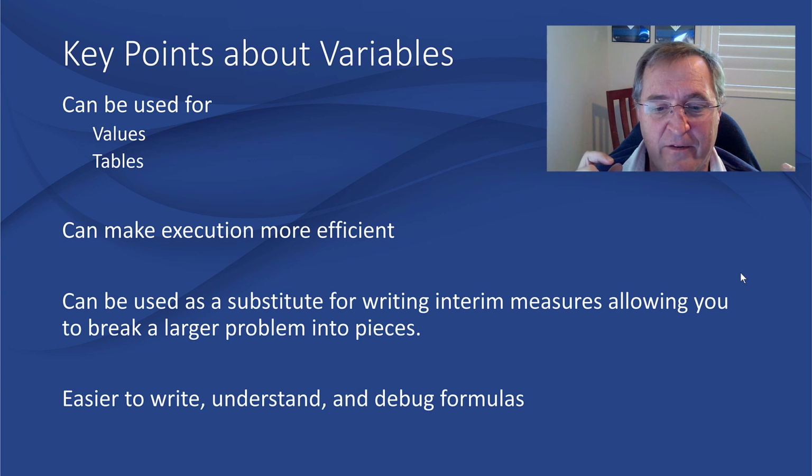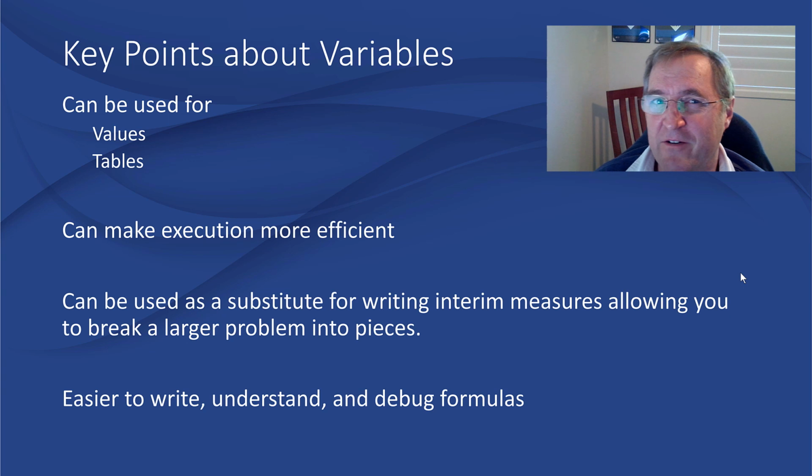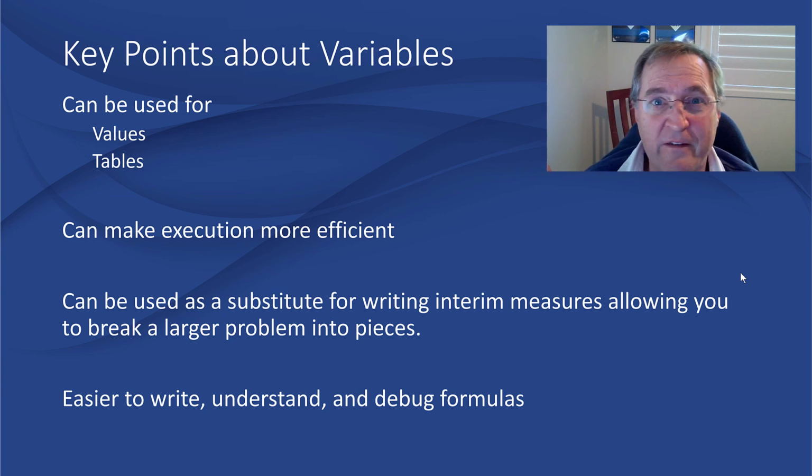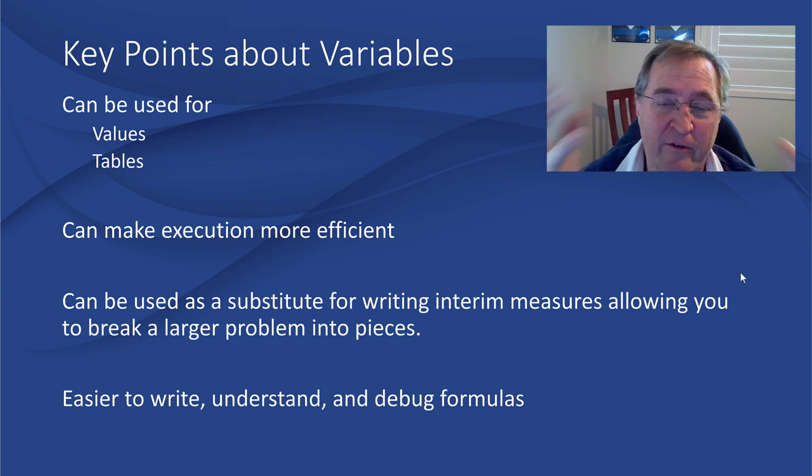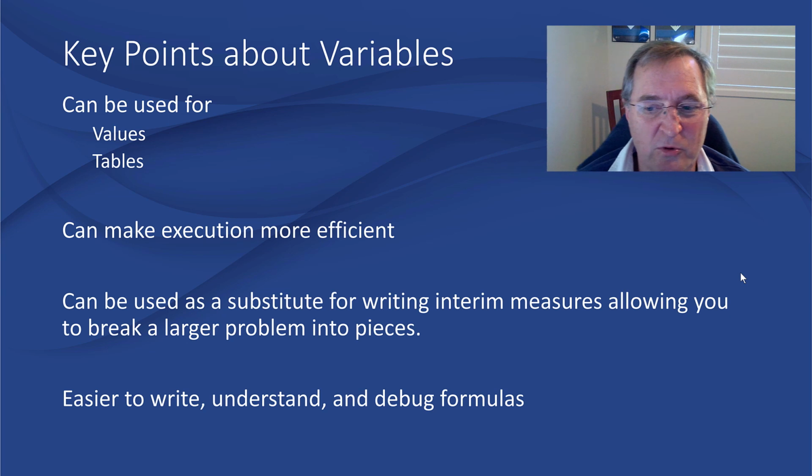Back in the days of Power Pivot for Excel, when I first started doing this probably 7 years ago now, there was no such thing as a variable. If you had a very complex measure, you would typically break it up into 4 or 5 different sub-measures. You write measure 1, 2, 3, 4, and 5, and then bring them all together in one master measure to rule them all.